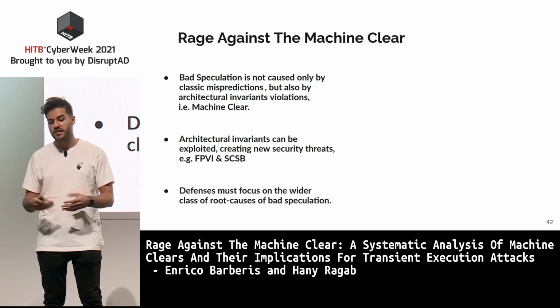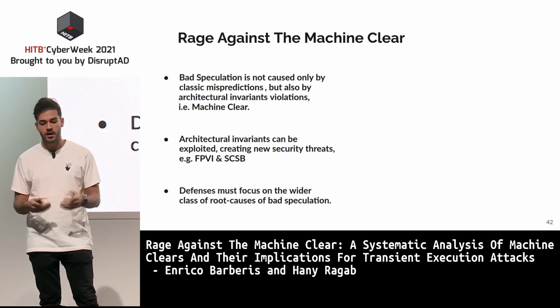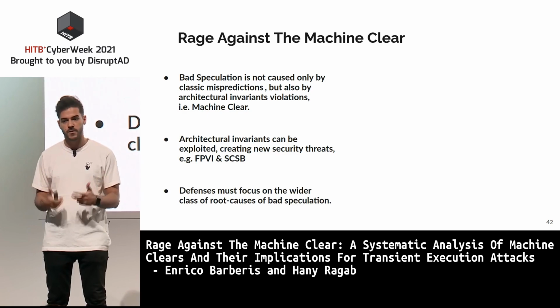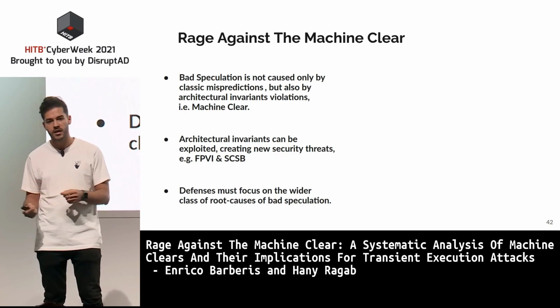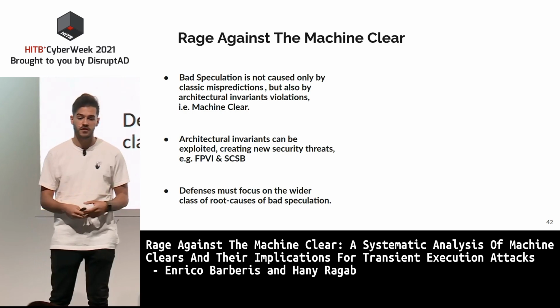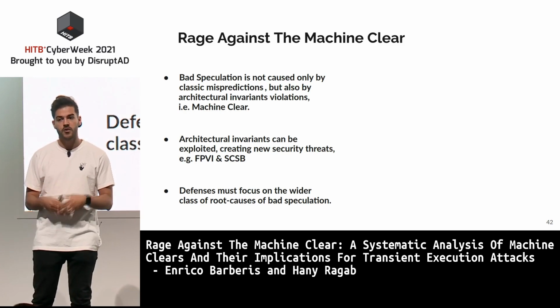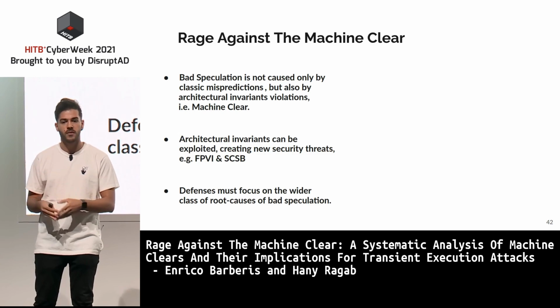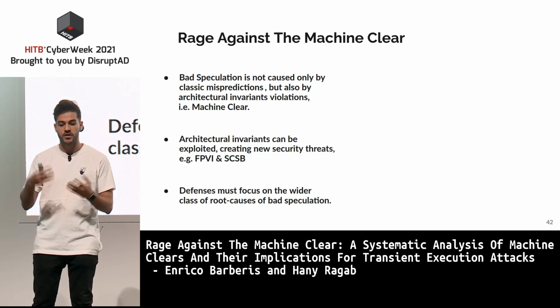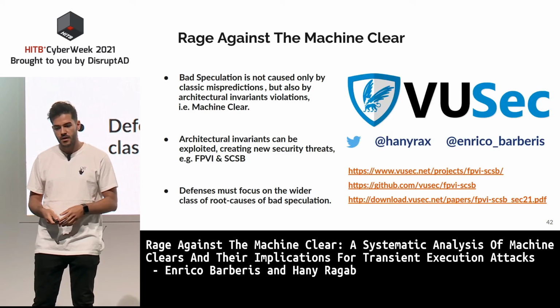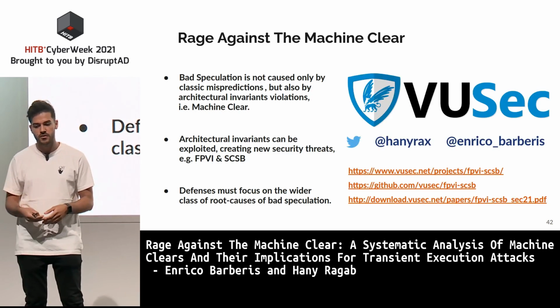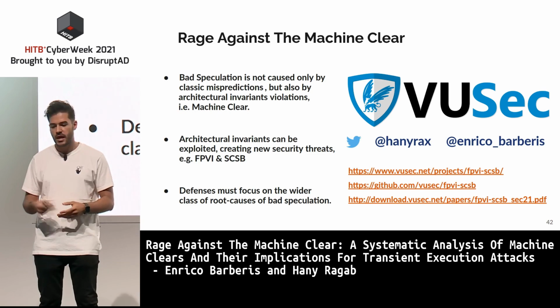And we think that defenses from now on must focus on the wider class of root causes of bad speculation, which are not only about avoiding mistraining a predictor. As we saw here, we can deterministically perform these types of attacks, and therefore the defenses must take this into account too. Here you can find different links to our paper, the code, and the exploit.